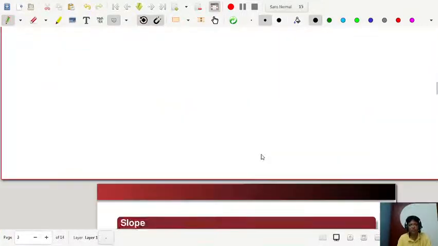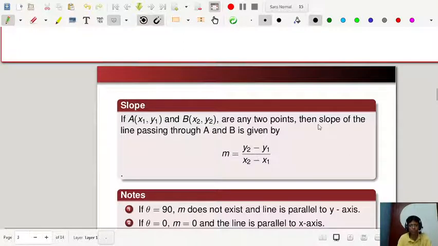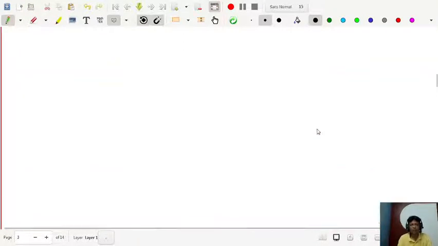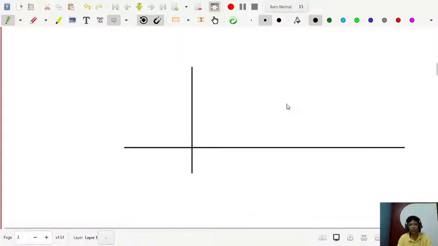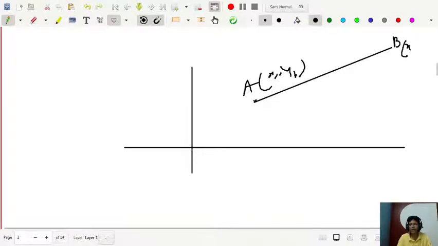Now if the line is passing through 2 points and you don't know the inclination, suppose this is the diagram and you know only 2 points, A and B. The coordinates of A are (x1, y1) and the coordinates of B are (x2, y2).